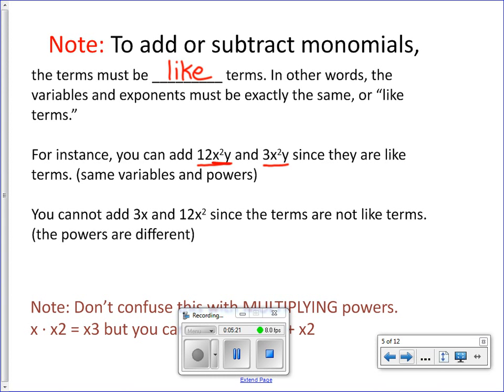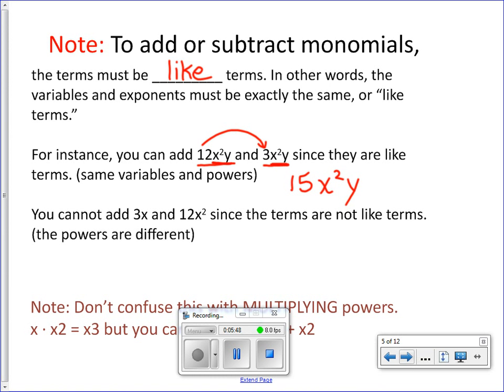This has x squared y in it and this has x squared y in it. So all you have to do is add the two coefficients, 12 plus the 3, which would give you 15x squared y. Now notice that the variables and their exponents stay exactly the same. They don't change when you're adding or when you're subtracting.